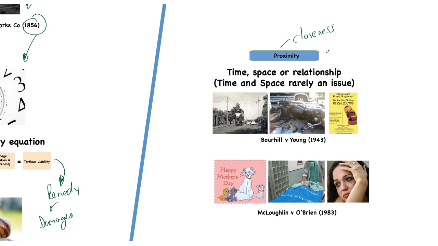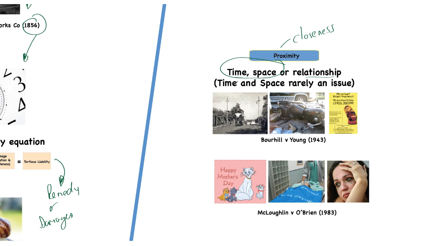This is the old neighbour principle, isn't it? Who then is my neighbour? What it means by closeness is that you can be close in either time or space or relationship. Now, we don't normally deal with time and space because they are relatively straightforward. If I have an accident in my car, I am going to be proximate in both time and space with the other person in the other car.